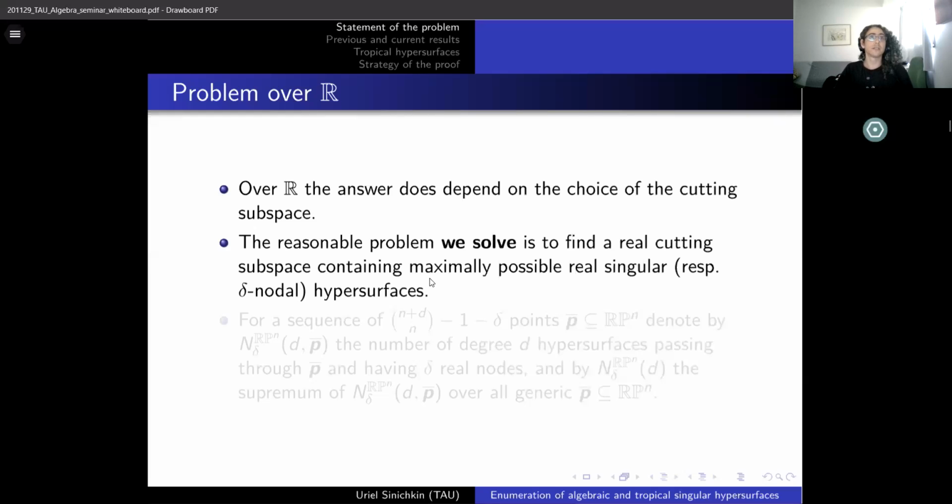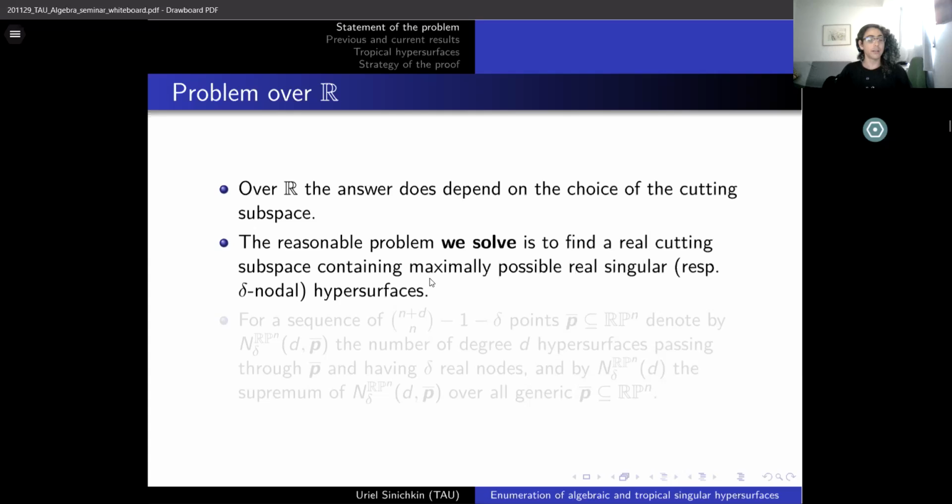This is a phenomenon that I believe all of you know: if we take a polynomial of some fixed degree, it always has the same number of complex roots if we pick the coefficients generically, but over the real numbers, this is no longer the case. So this is nothing surprising here. So the question, as I stated it two slides ago, is meaningless.